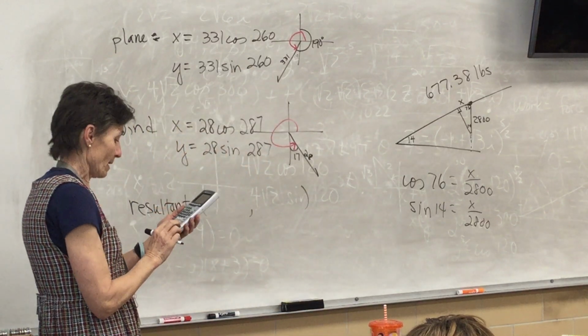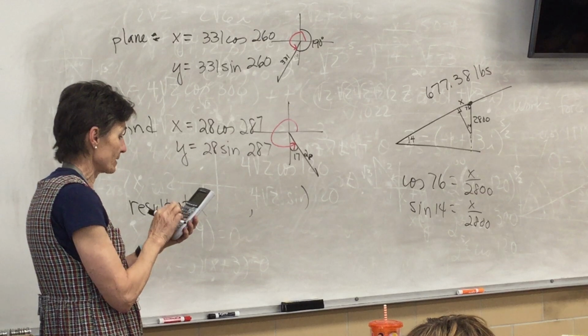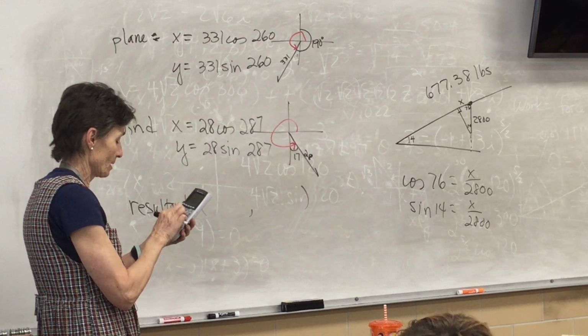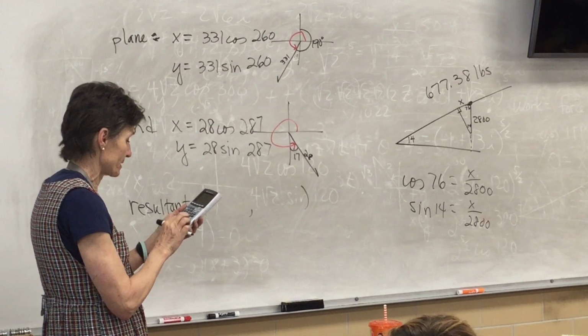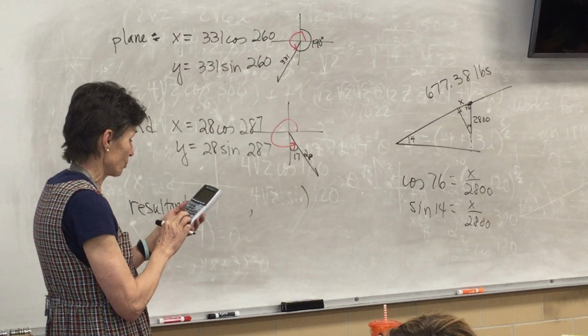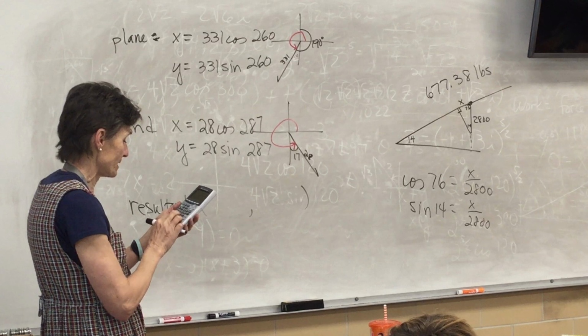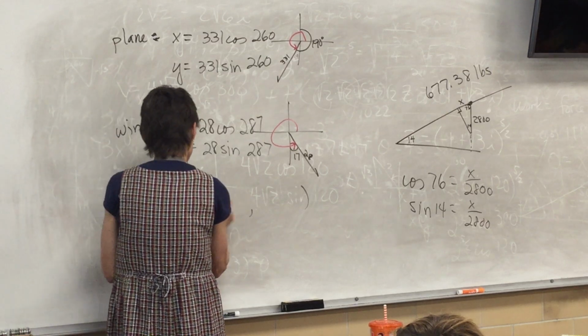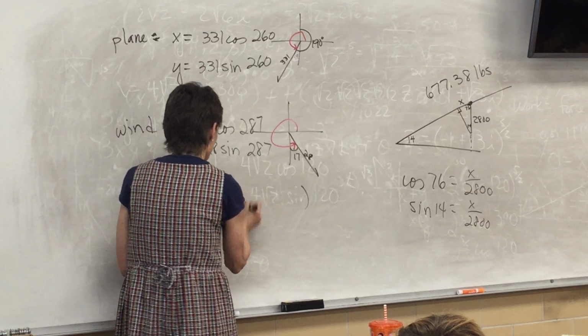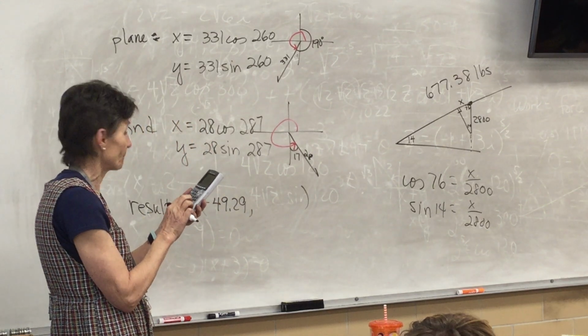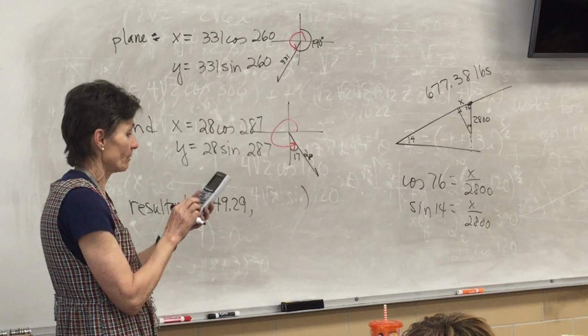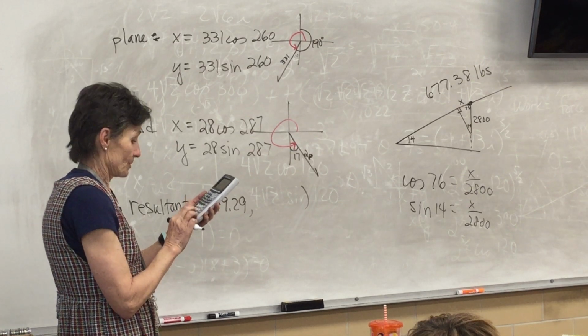So now I'm going to add them up. So am I in degrees? I think I am. All right, so 331 cosine 260 plus 28 cosine 287. So negative 49.29. I'm finding the components of the resultant. Oops.